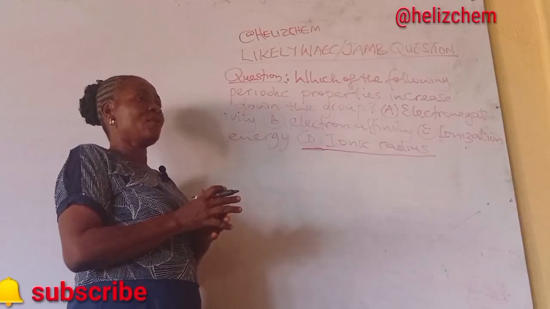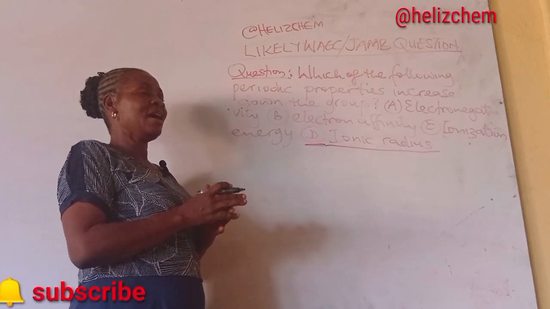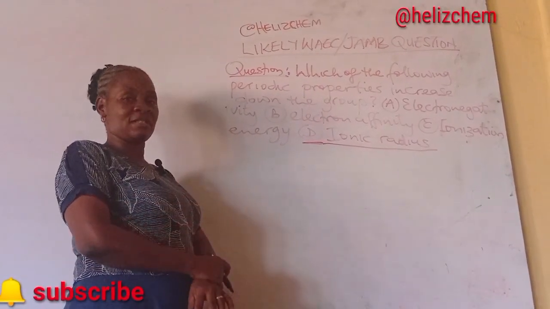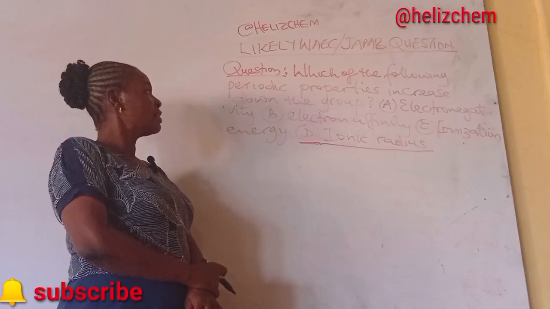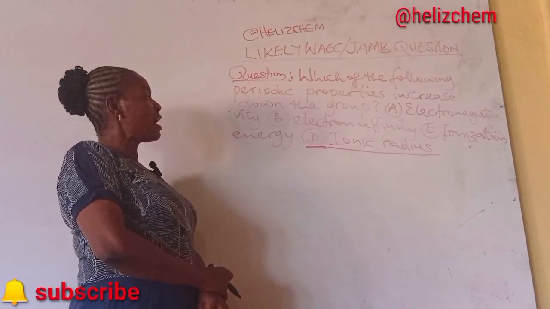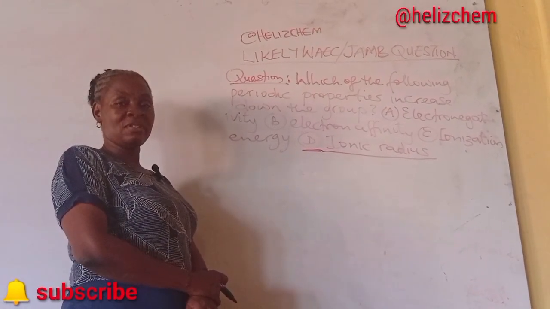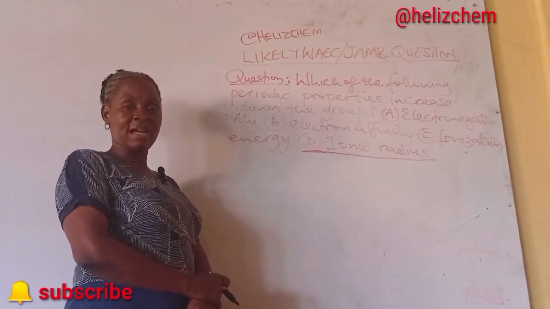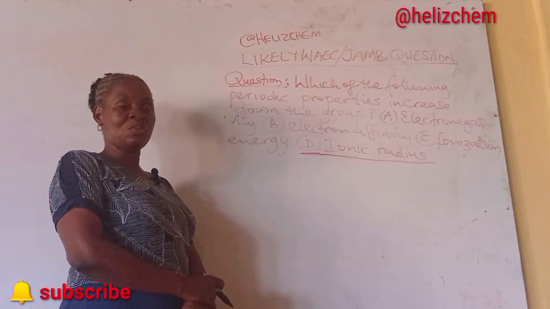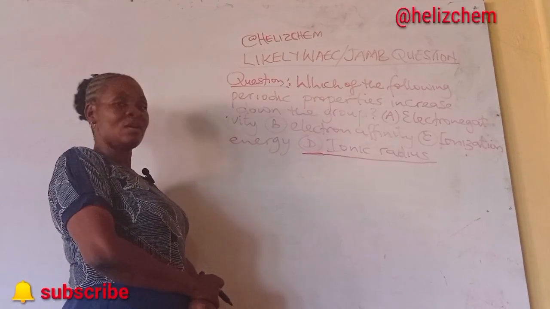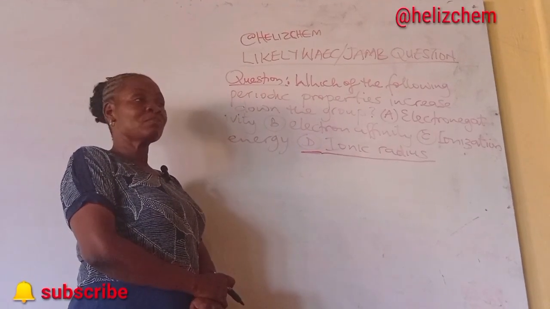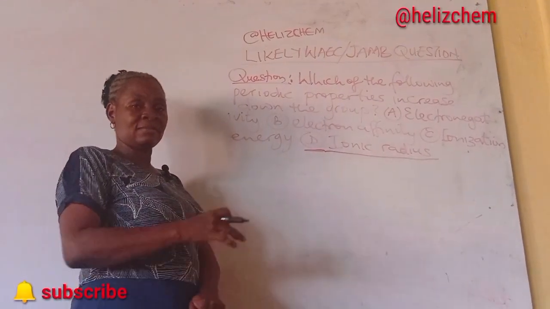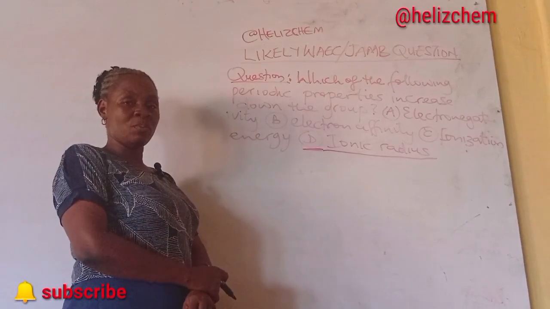We have 8 atomic properties that vary either across the period from left to right in the periodic table, or from up to down the group.